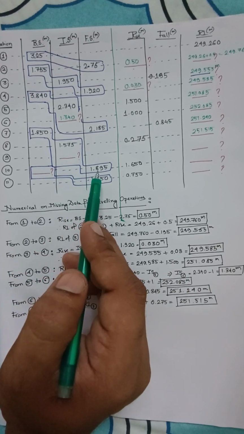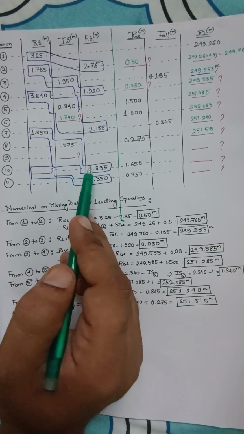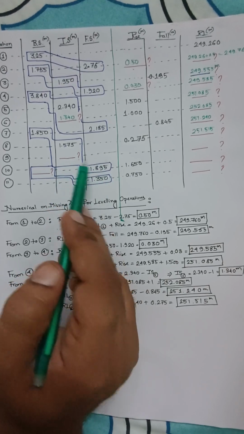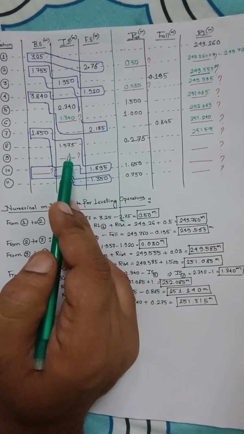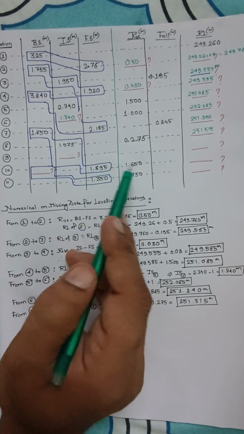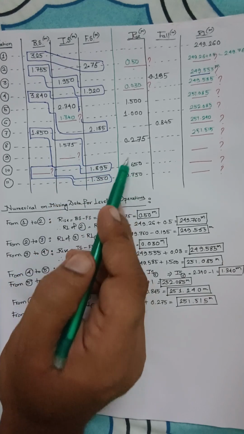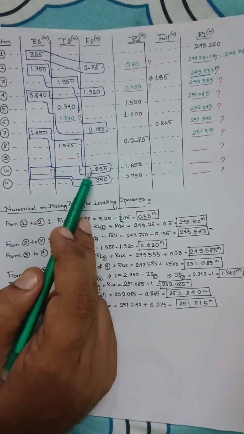So how will you determine by how much this value will be changing from here? But if you slightly widen your gaze, you will see that these and these must be interconnected, and there is a relationship between them. Whatever is the value over here, the difference between this value and this value must be this. That is the reason why the rise is this from 9 to 10.